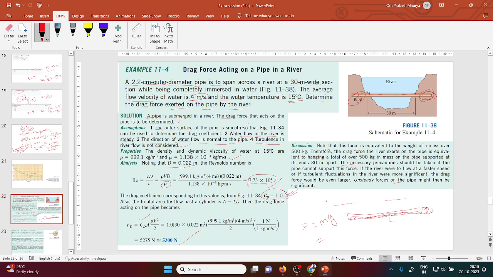Unsteady force on the pipe might then be significant. So this type of conclusion, when you solve any question, you should always try to make in your mind, or you can write it in the exam also.